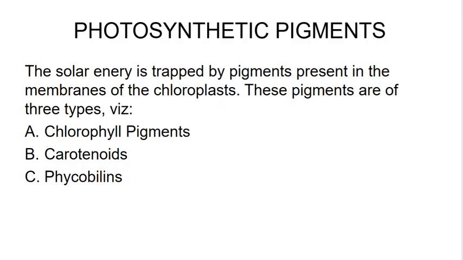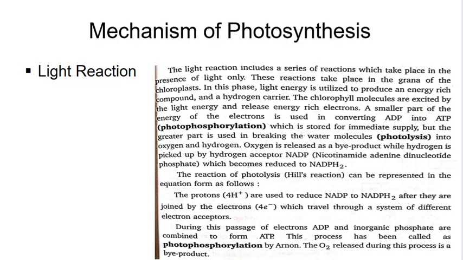Photosynthetic pigments. Now, solar energy is trapped by pigments that are present in the membranes of the chloroplast, and these pigments are of three main types: chlorophyll pigments, carotenoids and phycobilins. So first we come to the chlorophyll pigments.